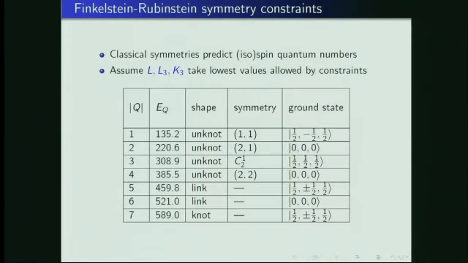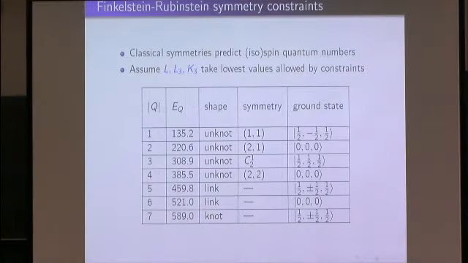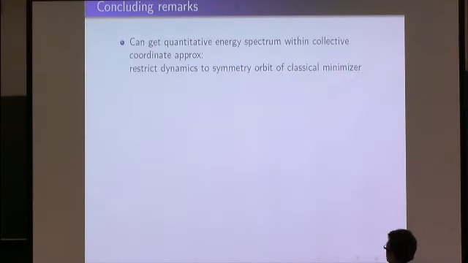So by doing this and some very clever stuff, Stefan managed to come up with this table. If you look for the quantum ground state of a given Hopf charge, just on symmetry grounds, in the fermionic quantization, we can predict its spin and isospin quantum numbers in this way. Okay, but I don't have time to say anything about that.